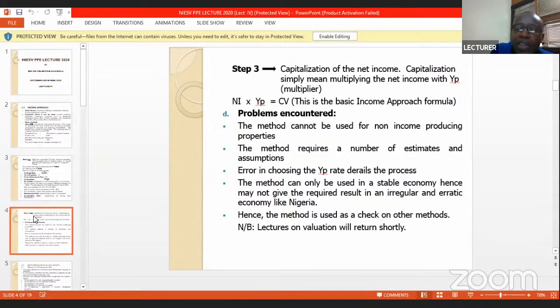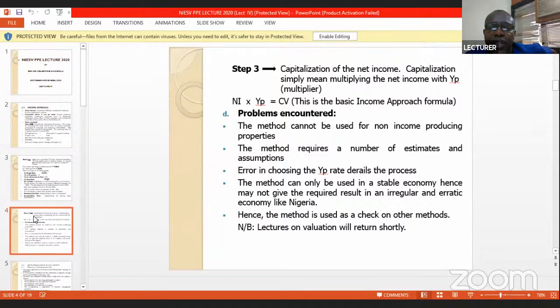If you are using this method of valuation, there are some problems that you are likely to encounter.